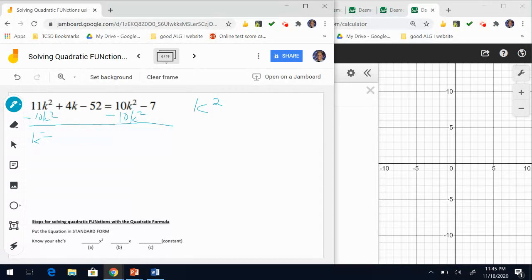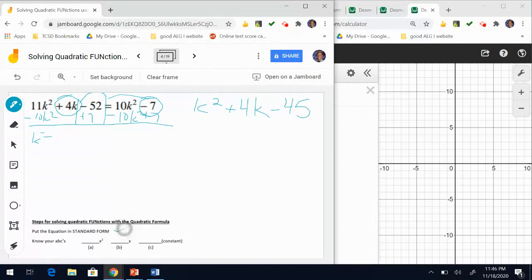And then do I have any k's besides this 4k, positive 4k? Nope. So that's going to go next. And then I have this negative 7 that I need to move over here. What's the opposite of negative 7? Positive 7. So I'm going to add 7 to both sides. And negative 52 plus 7, that flashcard is negative 45.